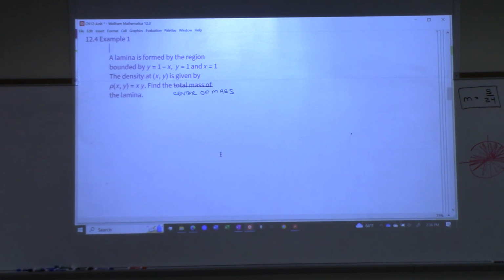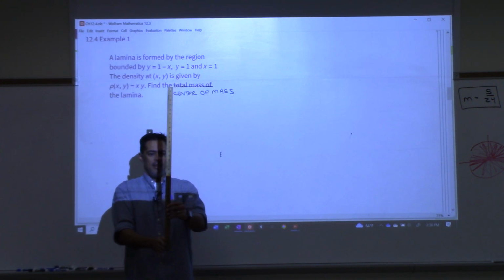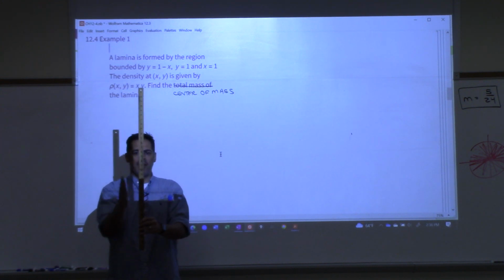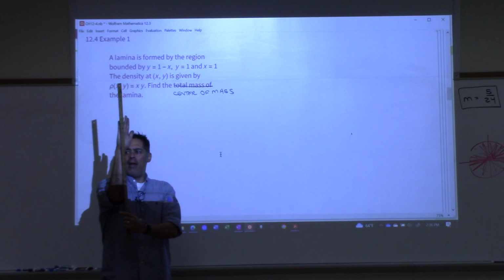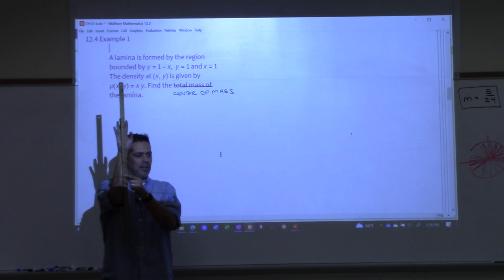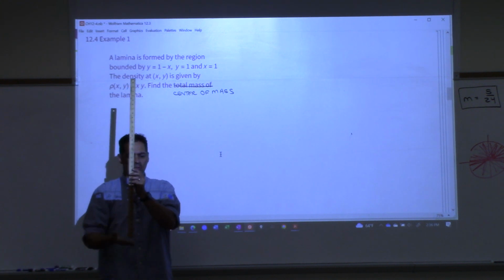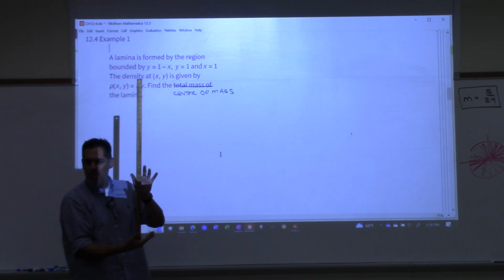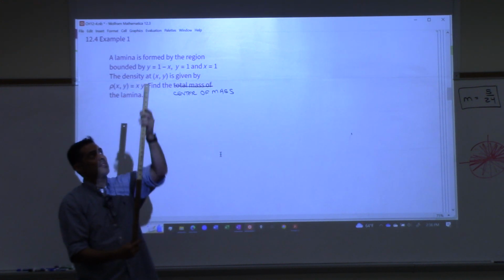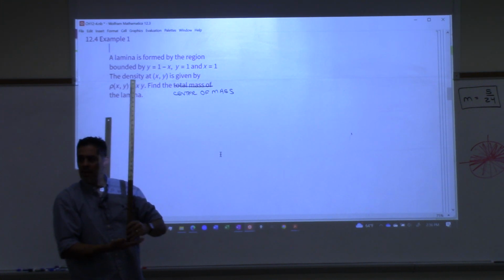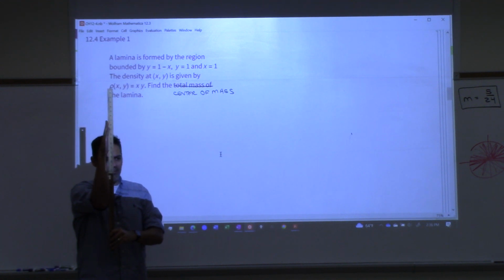If I take this yardstick, and let's say this is the y-axis and this is the x-axis, and I rotate it around the y-axis, that should be pretty easy to do. If I push it with my finger, it should rotate pretty easily. As opposed to if I say rotate around the x-axis. Now, when I push it, it's going to take more force, it doesn't want to rotate because the mass is distributed further away from that axis than if it's like this. Kind of makes sense?